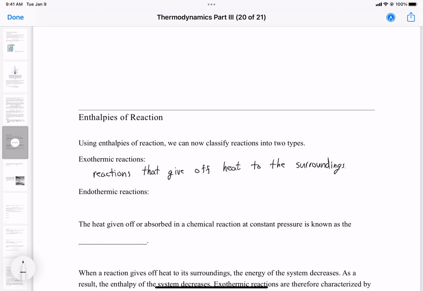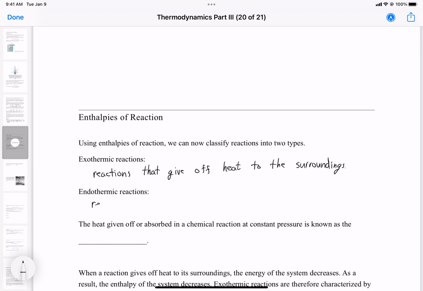Okay, if exothermic reactions are reactions that give off heat to the surroundings, then endothermic must be the opposite, right? Because it sounds like you have one thing going this way and another thing going the other way. So endothermic means inside. So in this case, we're going to say heat is being absorbed.